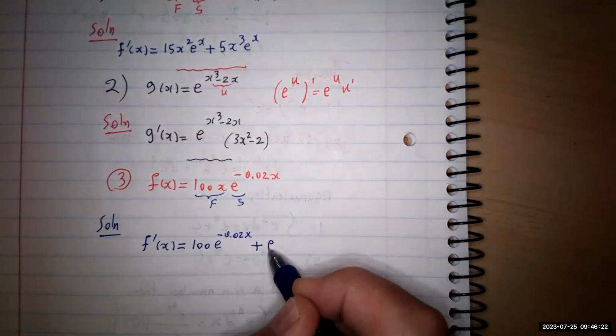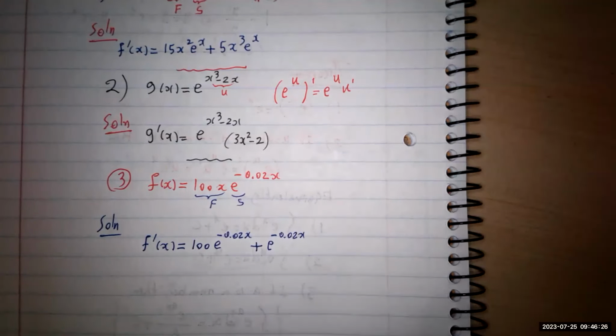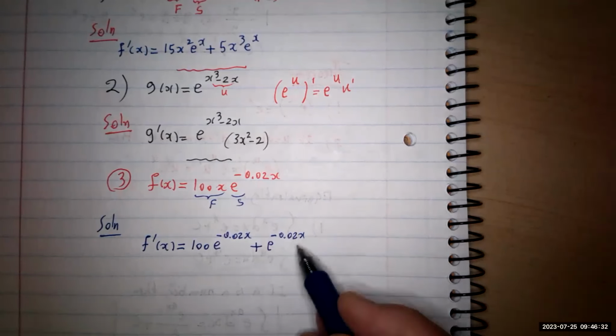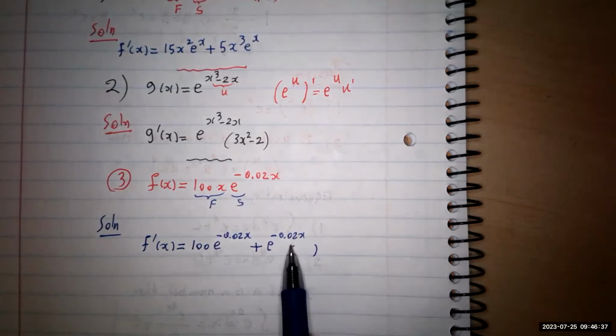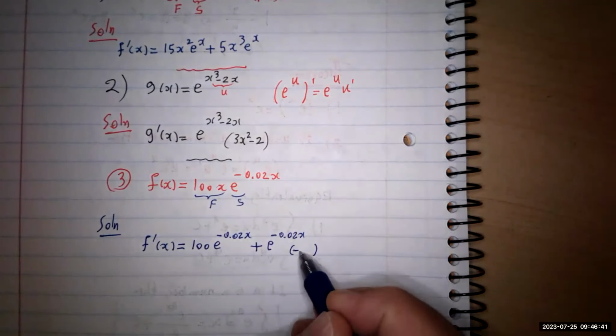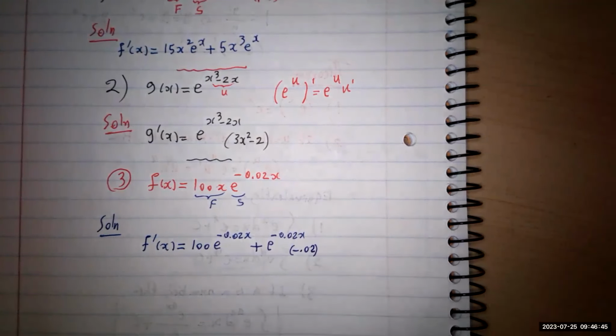The second is the exponential function, which never changes. Exponential function is exponential function. But you have to pay for it. Remember, this is not x, this is u. So you have to multiply by u prime. So you open up the parentheses, u prime. The derivative of negative 0.02x is going to be negative 0.02. Some people miss this one, u prime.